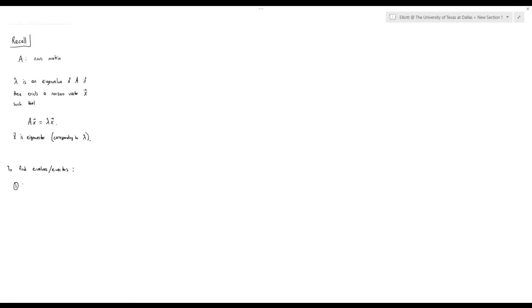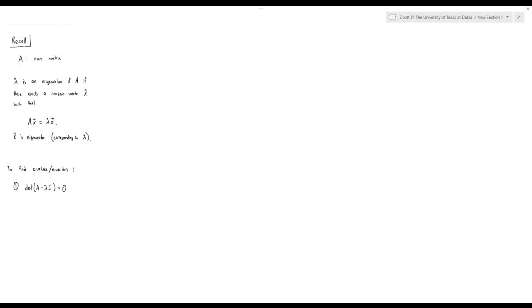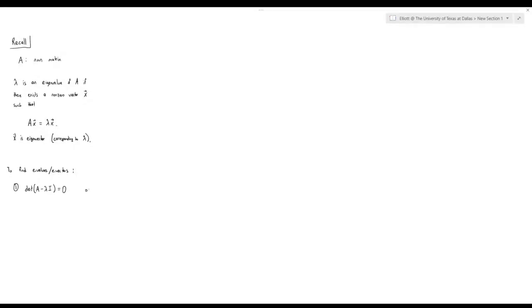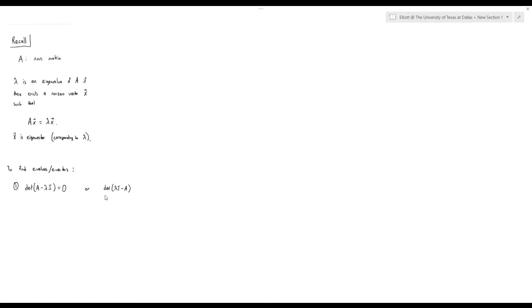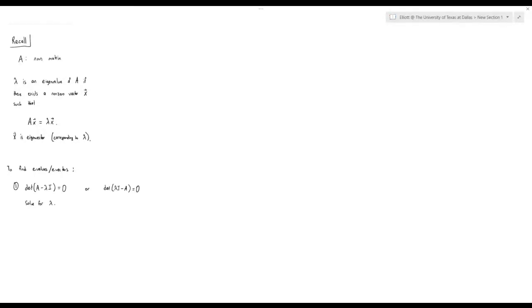You calculate the eigenvalues by computing the determinant of A minus lambda I, setting that equal to 0, and then solving for lambda. Some people like to do lambda I minus A instead of A minus lambda I. That is also acceptable. So you take these equations and solve for lambda to get the eigenvalues.